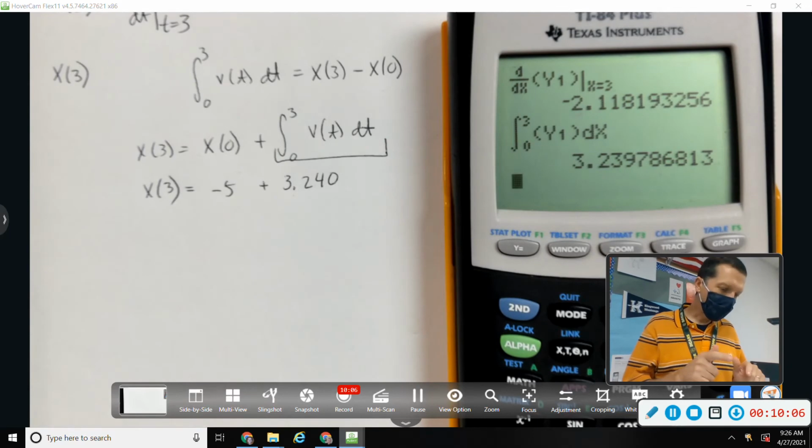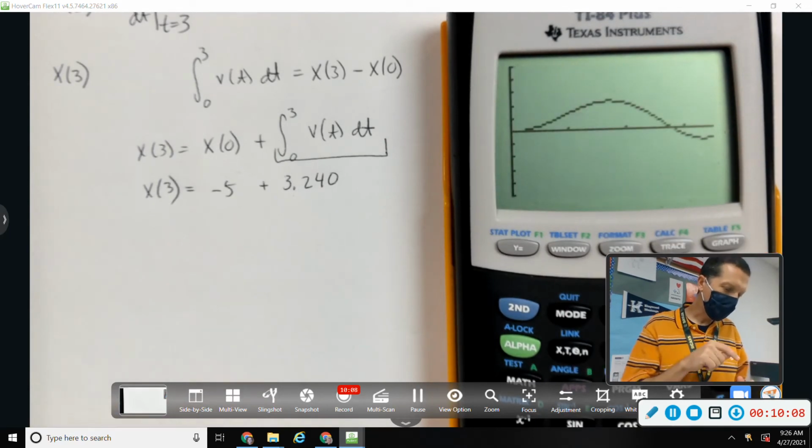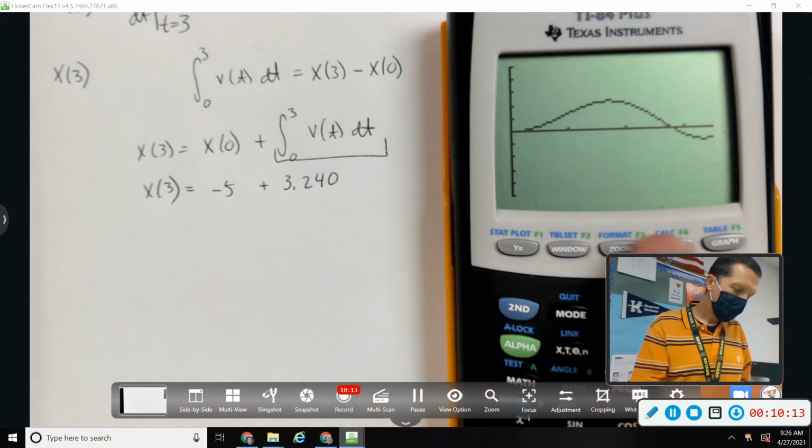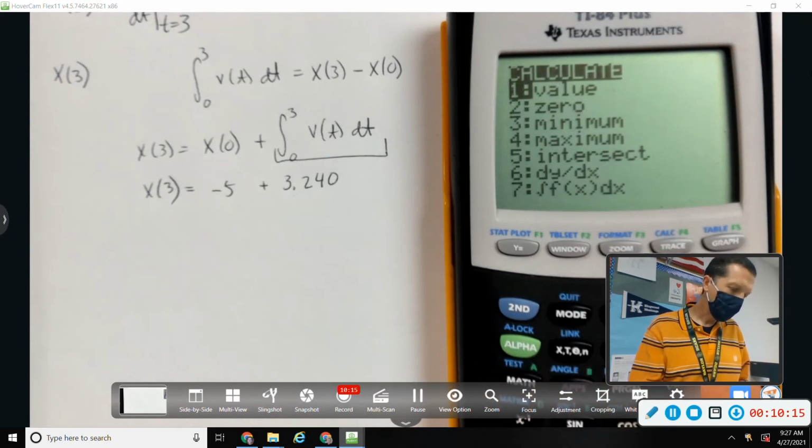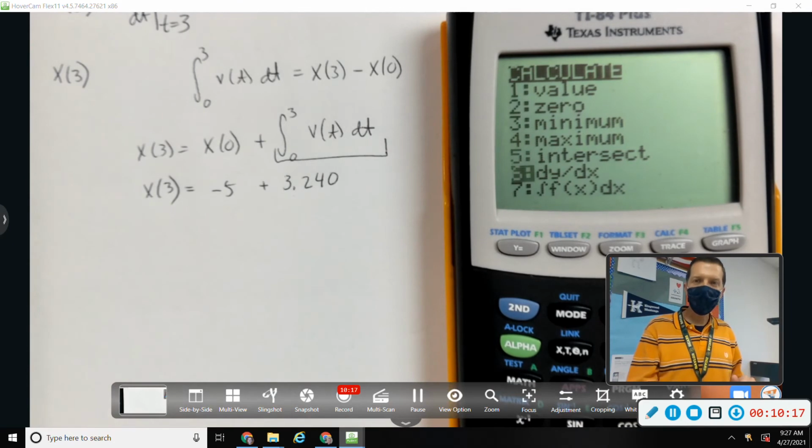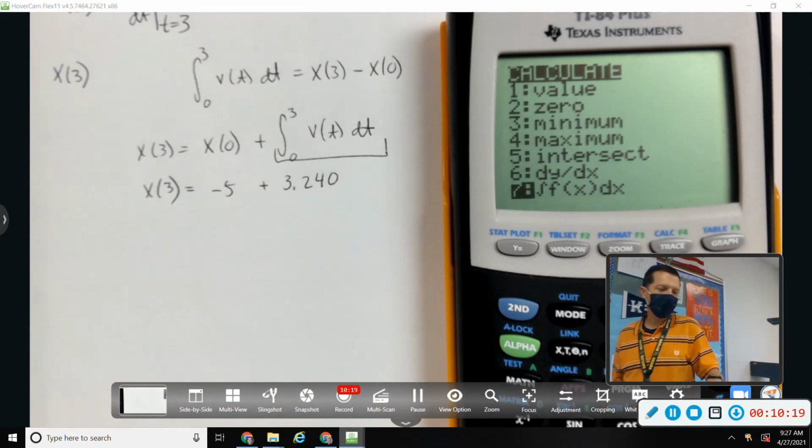The other way I wanted to show you can do that is you can do it on the graph as well. So let's see, second calc, all those options we've done before, but you can also integrate on the graph. By the way, when you integrate a graph, what does it tell you about the graph? So this is sort of separate. Area below the curve.